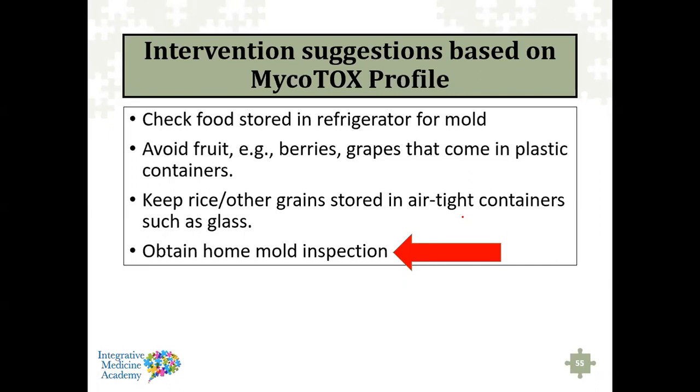So the thing is trying to buy those things individually and keep them contained, in glass containers, for example, or airtight packages at least. Keep rice and other grains stored in airtight containers as well.